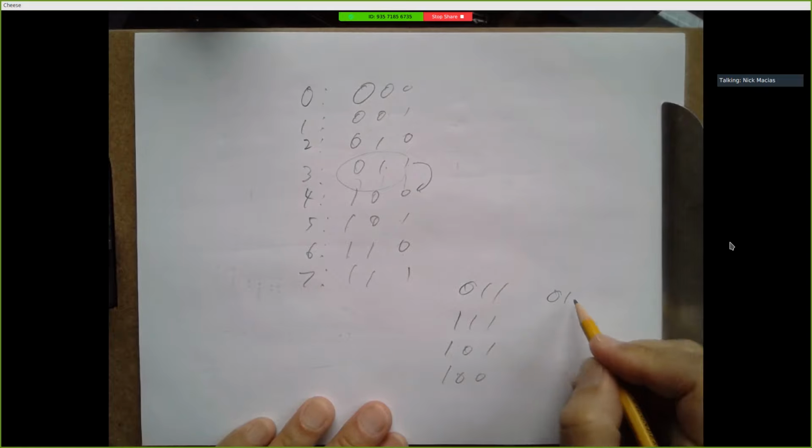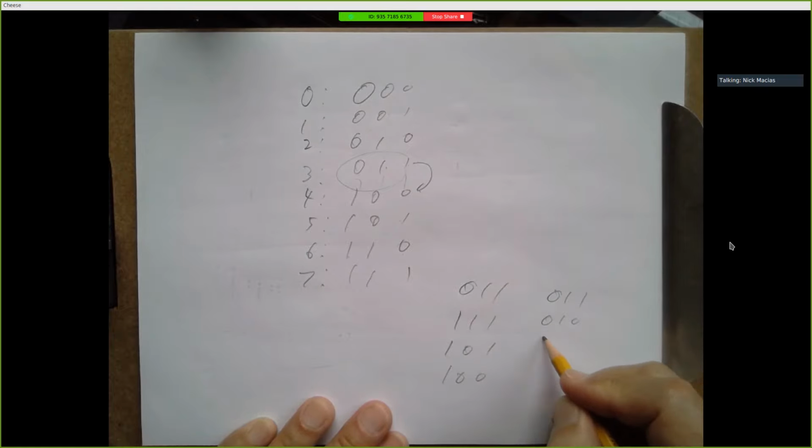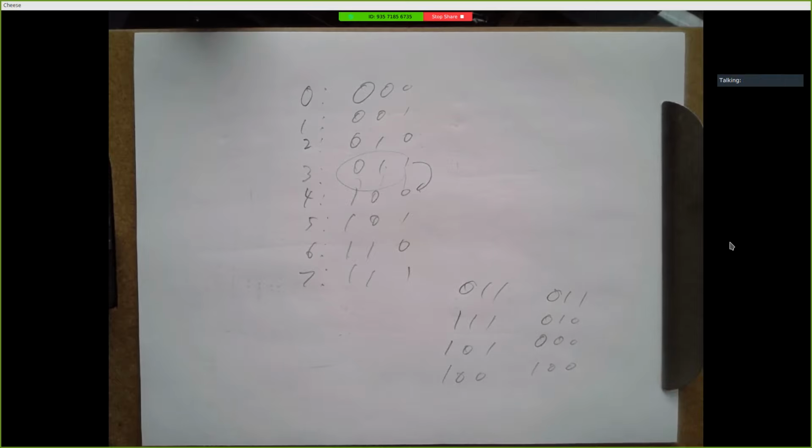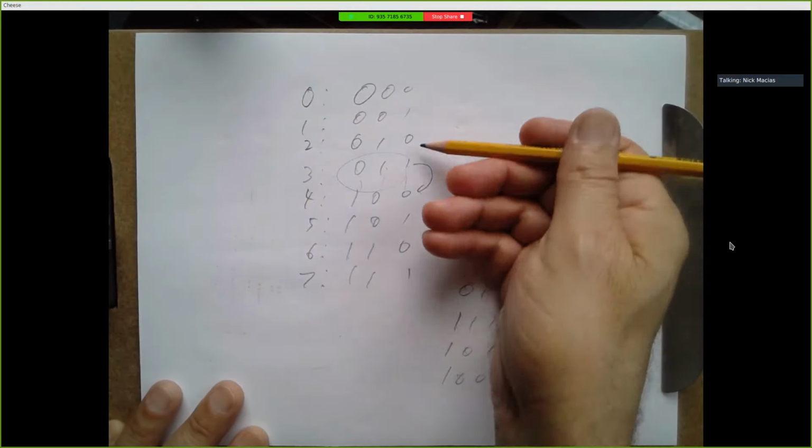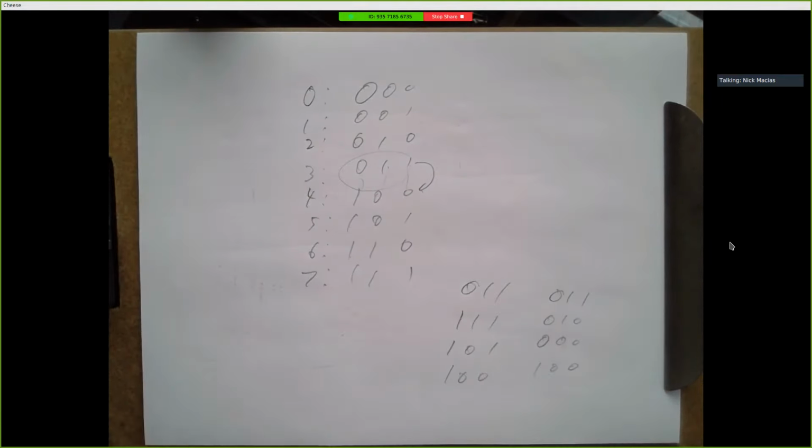Or maybe it'll go from 3 to 2 to 0 to 4. So there's lots of intermediate values that can potentially cause problems when we have things like state machines. So a gray code is a way to go through all combinations of, say, 3 bits, such that when you move from one combination to the next, only 1 bit changes.